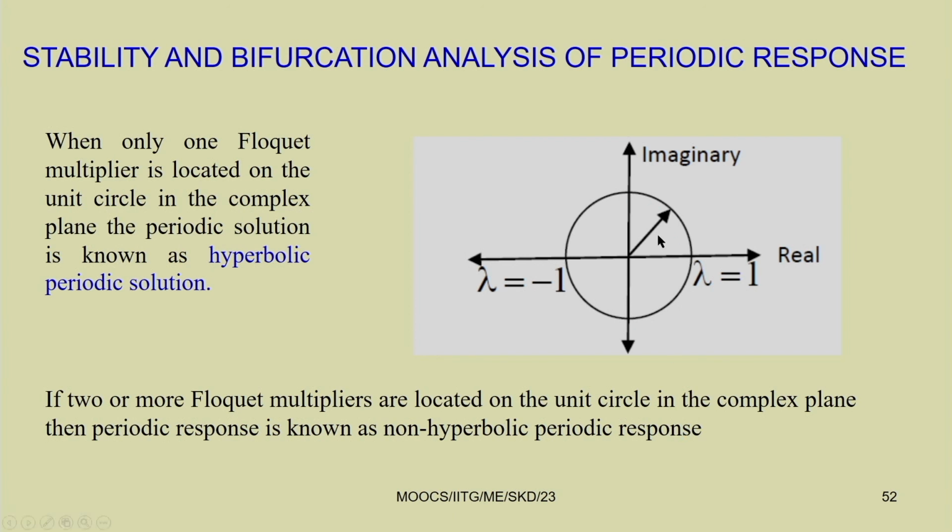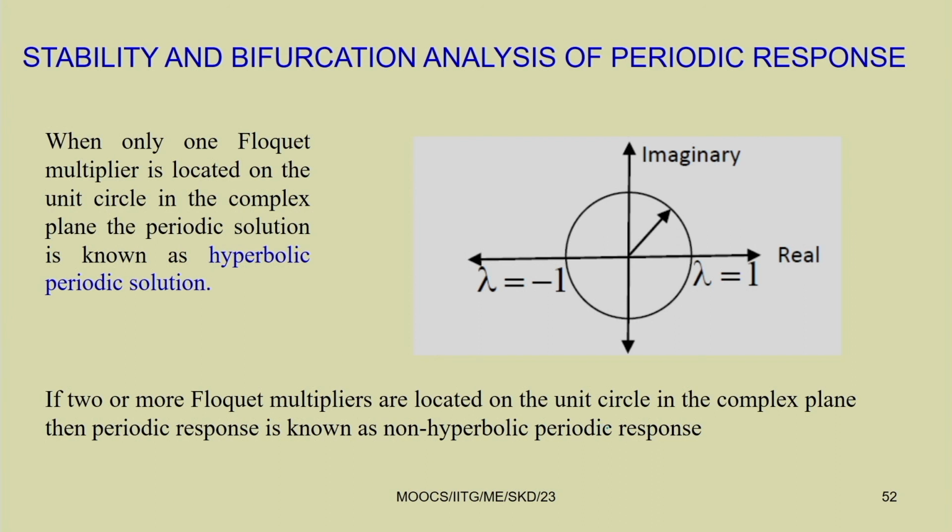If the root lambda lies inside the unit circle, then the system is stable. If it is outside the unit circle, the system is unstable. If it is on the circle, it can be +1 or -1. If it is +1, we have period T, and if it is -1, we have period 2T. When it is on the circle, we can tell it is on the transition curve.